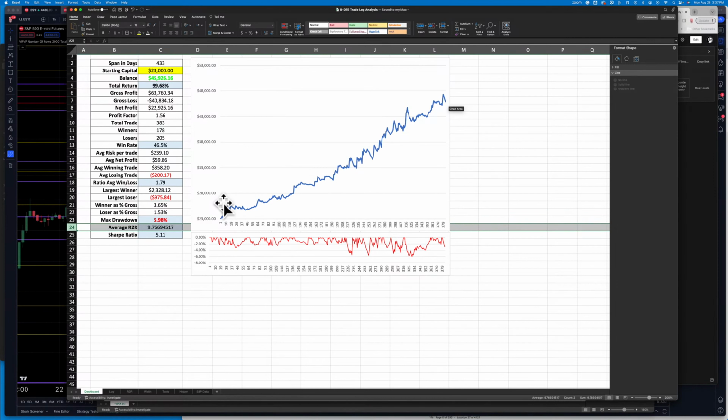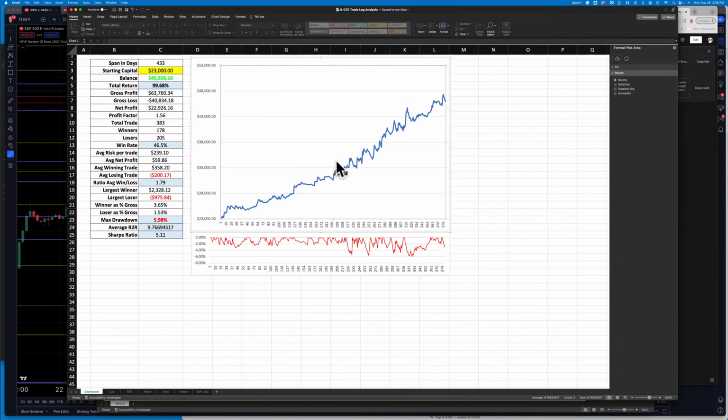So what's left over then are the other moves, and they average anywhere from 1.5x to 10x of the risk that we take. But most of the time, we're moving sideways, these small and medium-sized wins, and then we get some big wins. Then move sideways, get a big win. Move sideways, get a bigger win, and so forth.